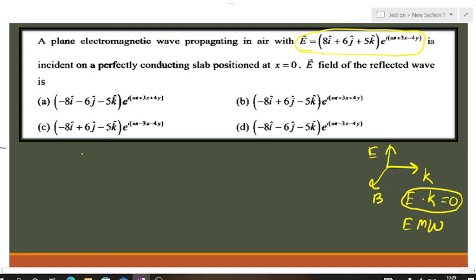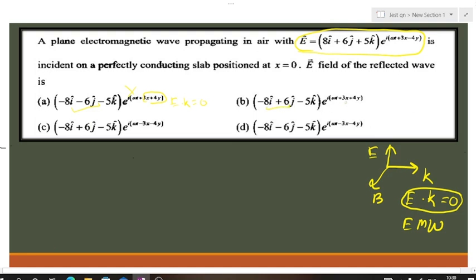So we have to check one by one from the options in which E dot K is 0. Here this is the K, this is E. E dot K is not equal to 0. This is discarded.